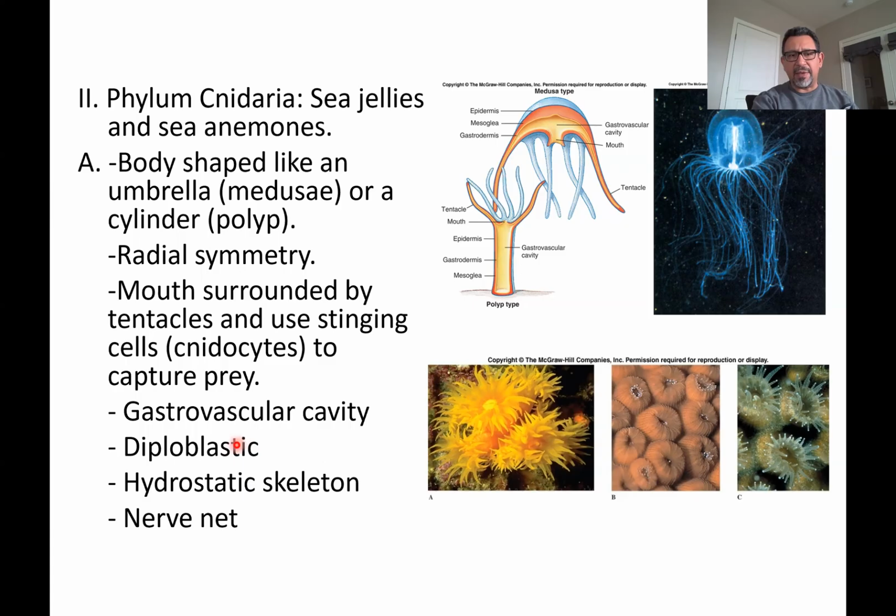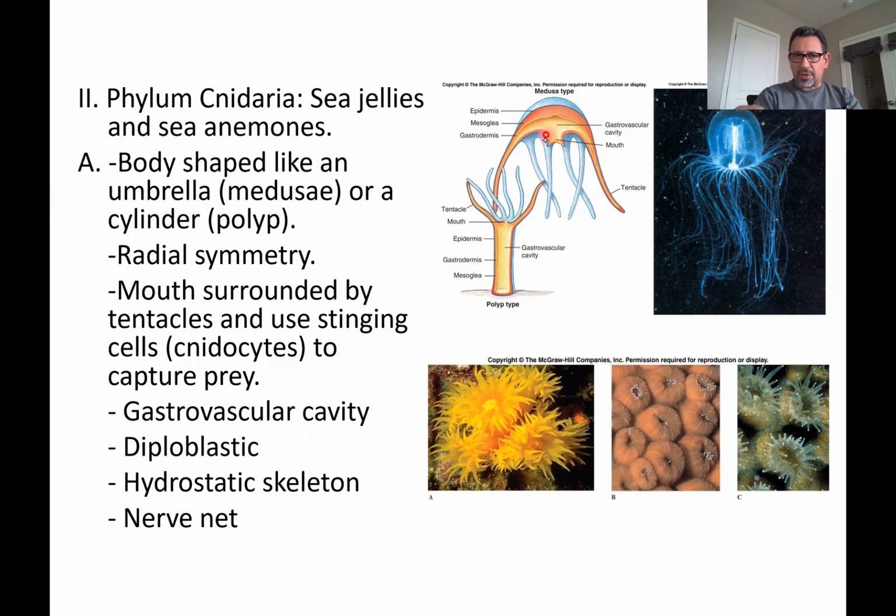We mentioned the gastrovascular cavity. We mentioned already that these animals are diploblastic, meaning they originate from embryos that have only two layers of cells, ectoderm, endoderm. They have a skeleton. All animals have some form of a skeleton. In this case, it's a special type of skeleton known as a hydrostatic skeleton. And the way a hydrostatic skeleton works is by regulating water pressure, hydro, and that happens when water moves into the gastrovascular cavity, filling up the cavity.